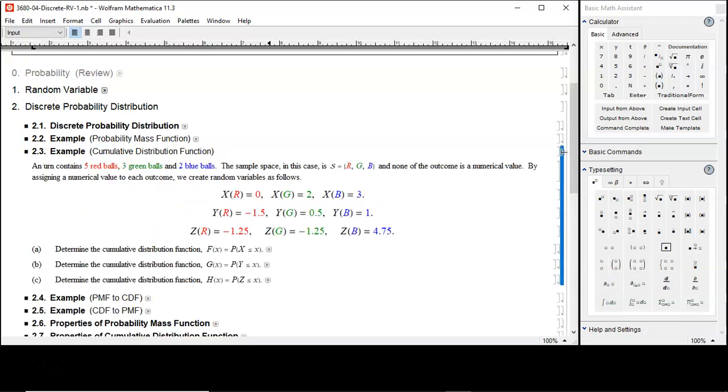Same game, and this time cumulative. The possible values are x equal to 0, 2, or 3 in this case.